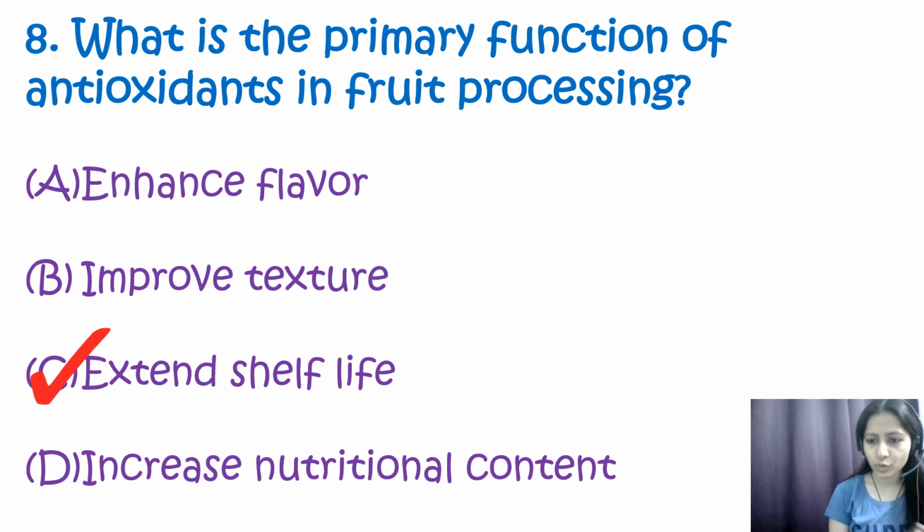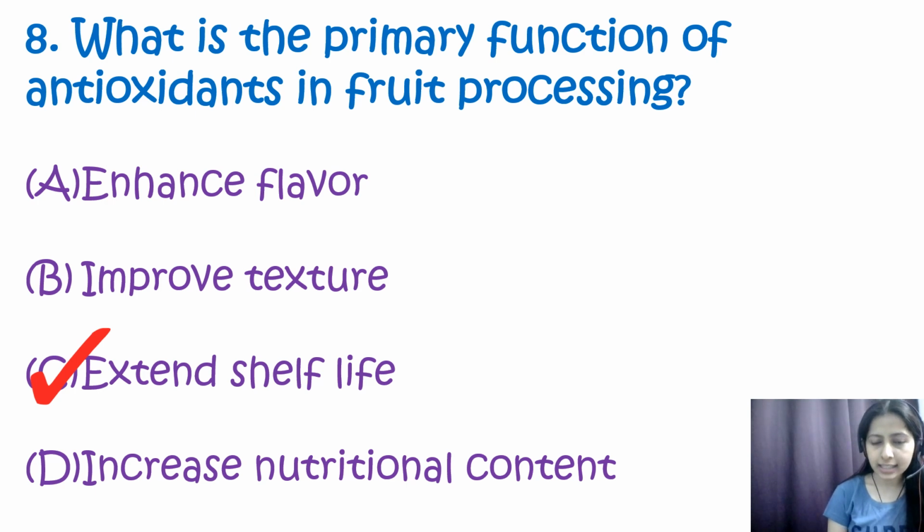What do antioxidants actually do in fruits and vegetables? They scavenge the harmful free radicals, and they protect against oxidation. They even improve the nutritional value, and they prevent food spoilage. One thing you should note over here is that they also help to slow down the discoloration of fruits and vegetables.